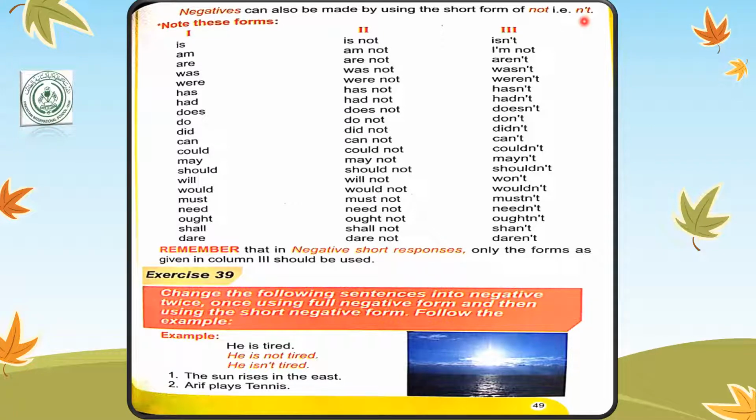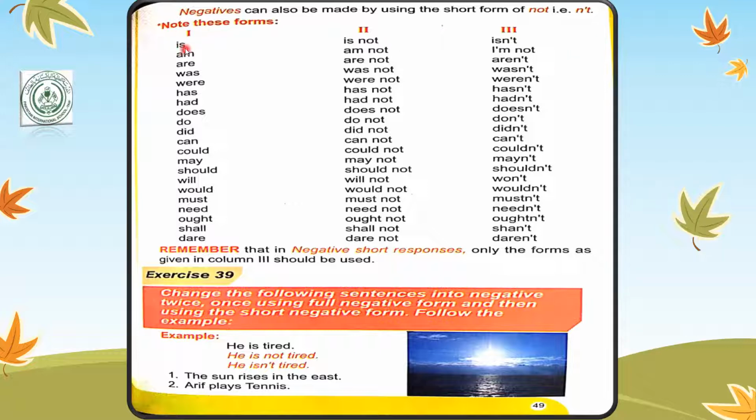This is the short form, like we say wasn't, hadn't, couldn't, can't. Sometimes we say cannot and can't. So cannot is a full form, and we have a short form like can't, aren't, wasn't, like this. So you can use both.